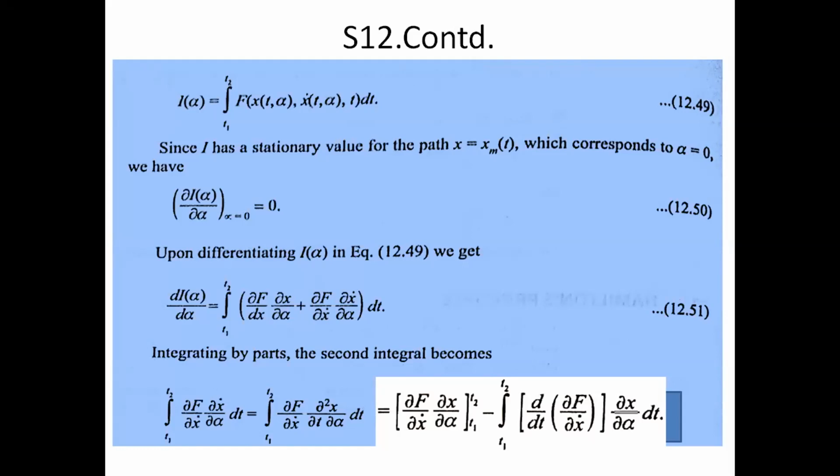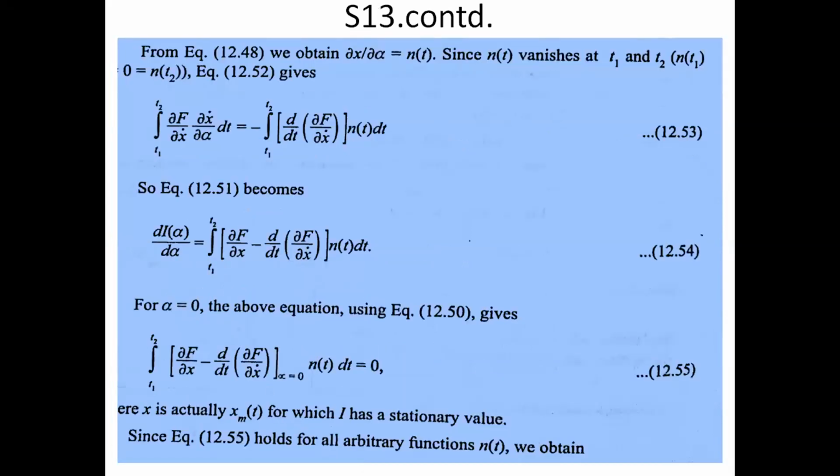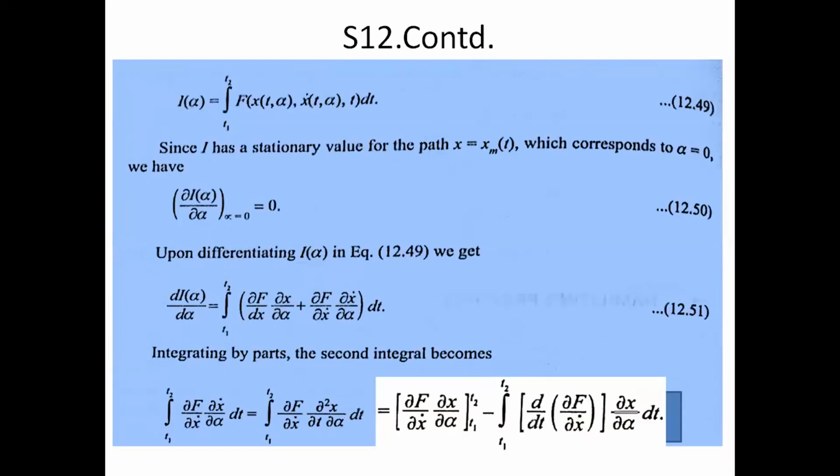Slide number 12, not 13. Our integral as a function of alpha runs from t1 to t2, and x is a function of t and alpha, x dash is also a function of t and alpha, and t. So our functional f is a function of a function, and dt.